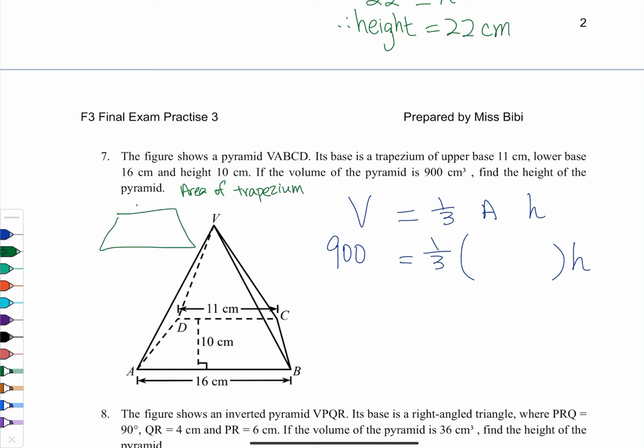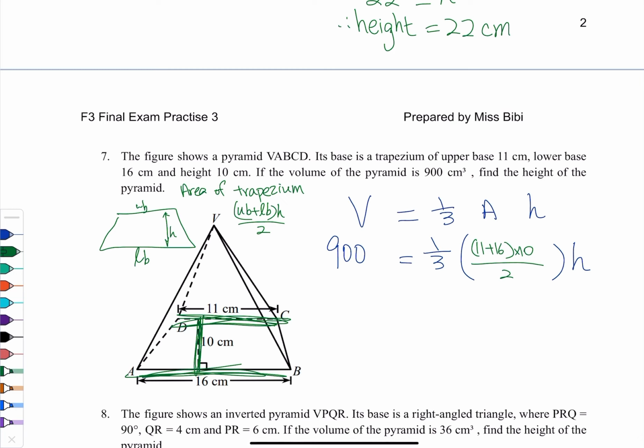So upper base, lower base, and then the height of the shape. So it will be upper base plus lower base times height divided by 2. So upper base is 11, lower base is 16. 11 plus 16 bracket times that in the middle divided by 2.